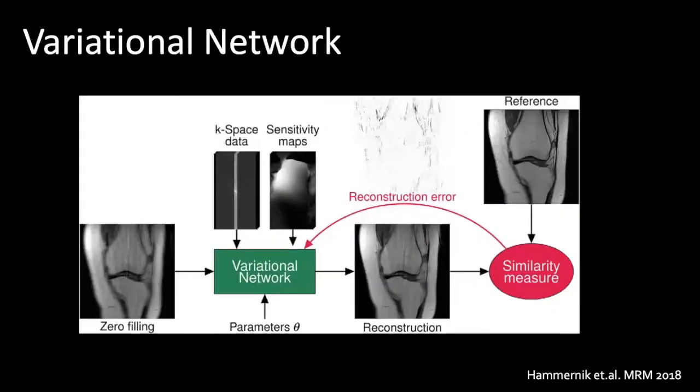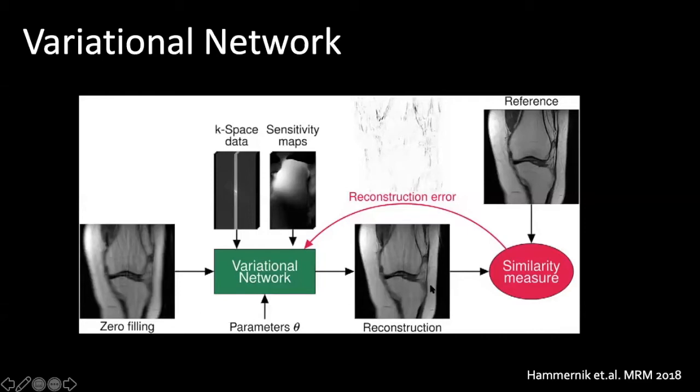Now, of course, since then, we've seen a lot of work in which we've tried to bring the MR physics back into the equation with terms such as data consistency terms, things that we know about scanners. One example of this is the variational network that was developed first by Kerstin Hammernik, which had the idea of taking, for example, a very small amount of case-based data along with sensitivity maps and starting out just doing the best you can, just zero filling that data, creating an image.